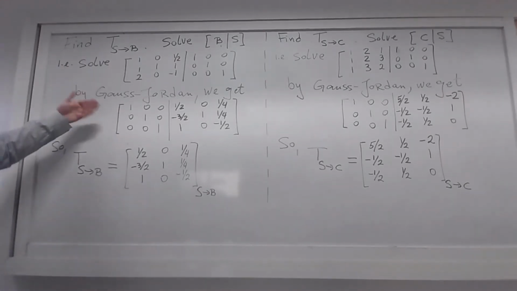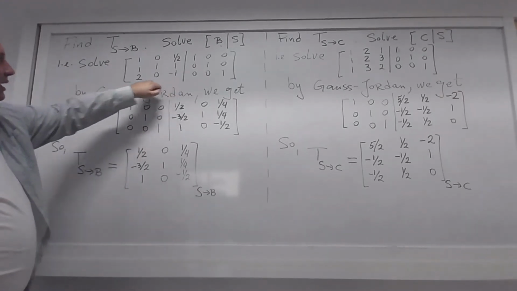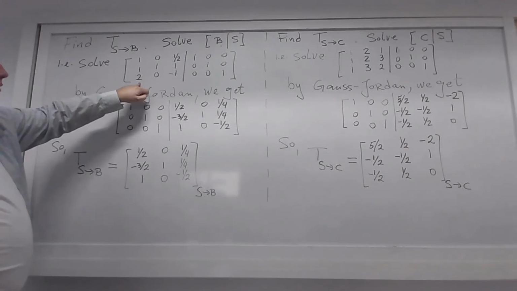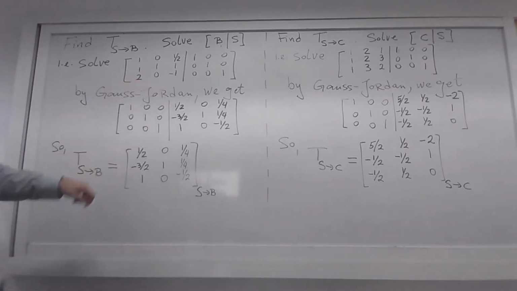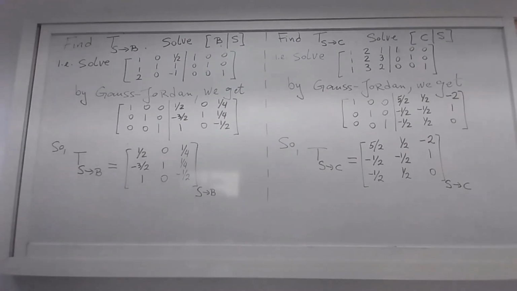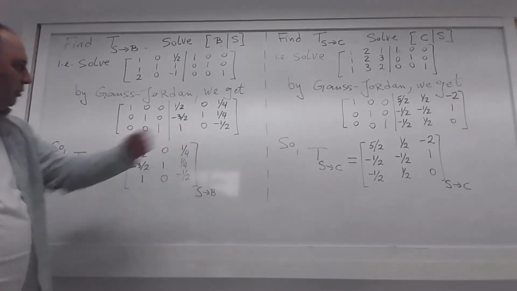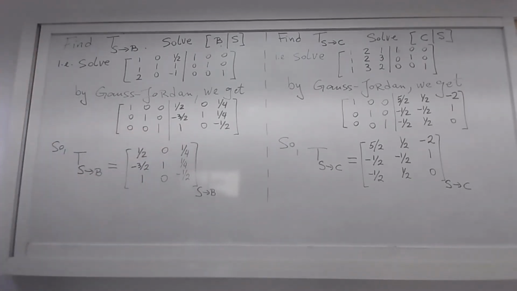You need to go through Gauss-Jordan. And obviously, since these three vectors are linearly independent, this 3 by 3 matrix is invertible, so we'll get identity on the left side. Always, always, always. So when you have the form identity slash something, the something is the transition matrix.